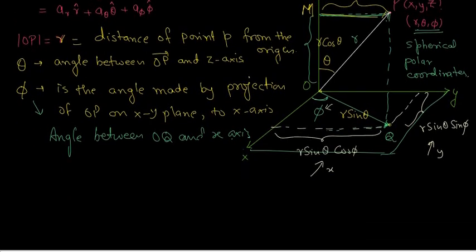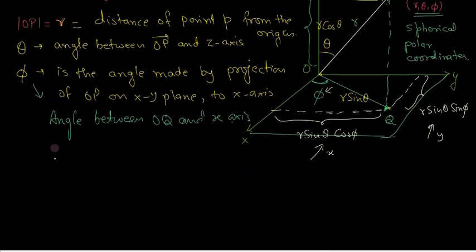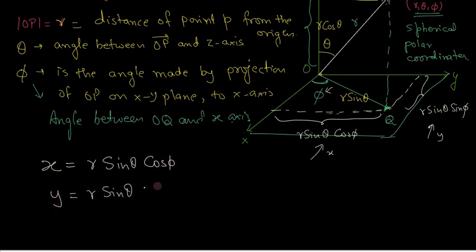So one can write the transformation equations that are the most important. x is equal to r sine theta cos phi, y is equal to r sine theta sine phi, and z is basically r cos theta. So these are the transformation.